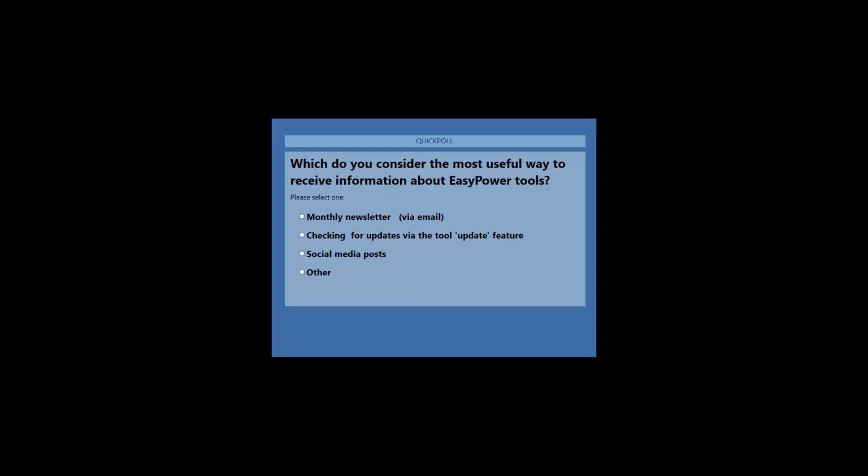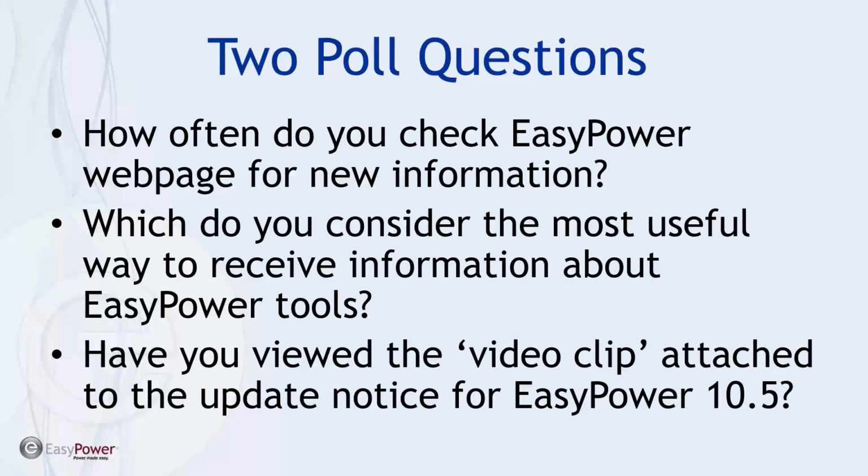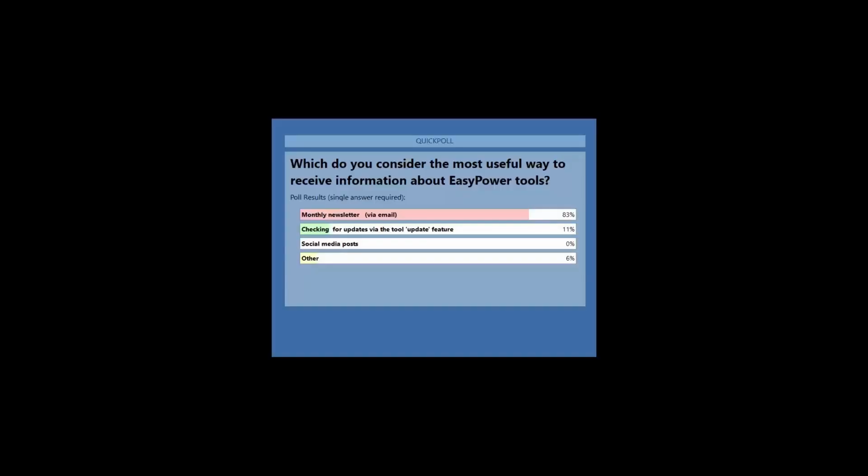Again, feedback is useful, and the most innocuous way to provide information that you need is what we're shooting for. There's not a right or wrong answer. Okay, looks like we have a quorum on this one. So here's how people have responded. I'm a little surprised there's not more emphasis on social media, but that may or may not mean anything.